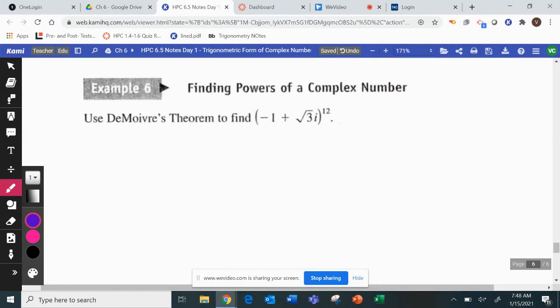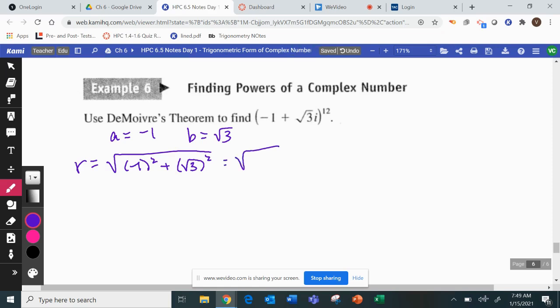So here we're going to find powers of the complex number. This one is the 12th power. So let's first convert this to trigonometric form, where a is -1, b is square root 3. So we're going to do our modulus. So I get 2.